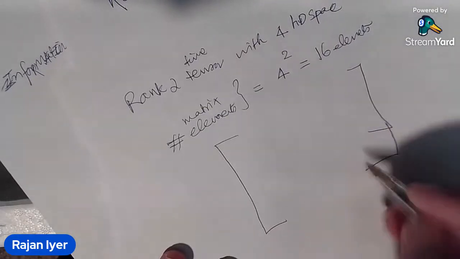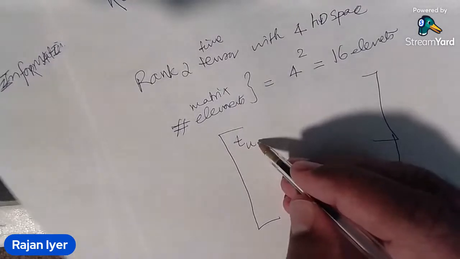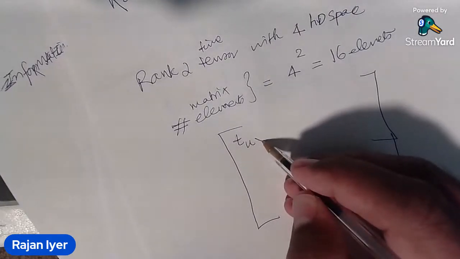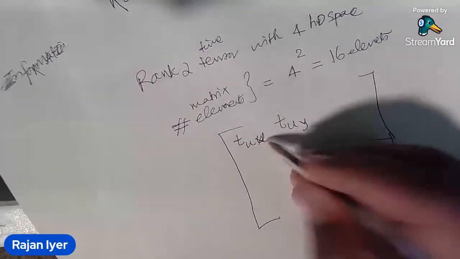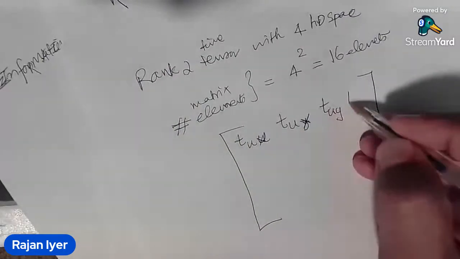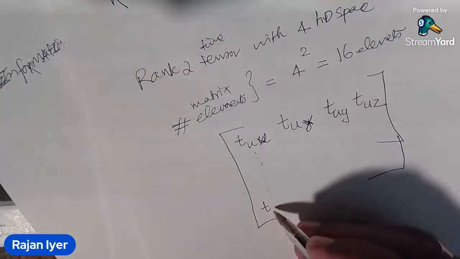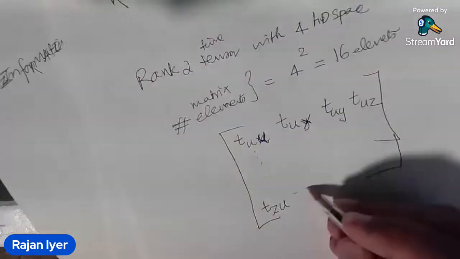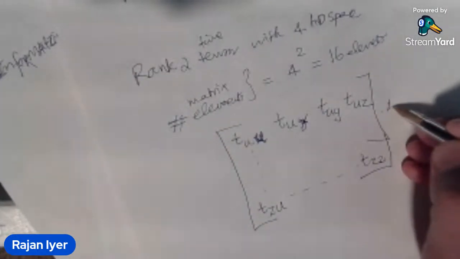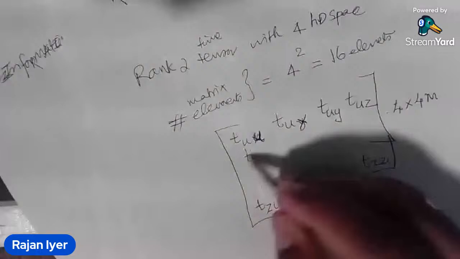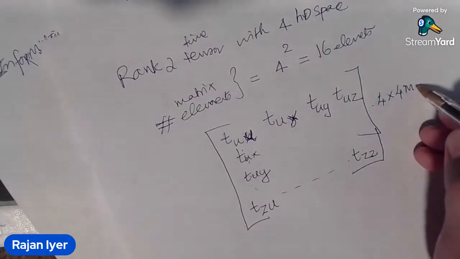This one will look like, let's say, T of U X, T of U Y, T of U Z, and we permute it up to T Z of U, and then you go all the way up to T Z of Z. You can see this will be a 4 by 4 matrix.